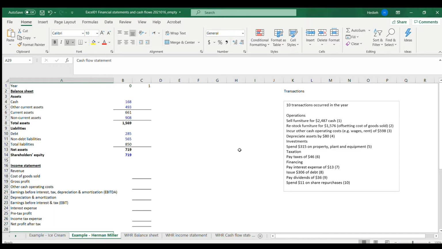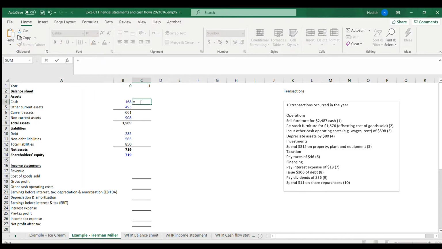So the first transaction is selling furniture for $2,487 cash. First of all, this shows us that the company's cash is going to increase by $2,487. So let's consider this change in cash.